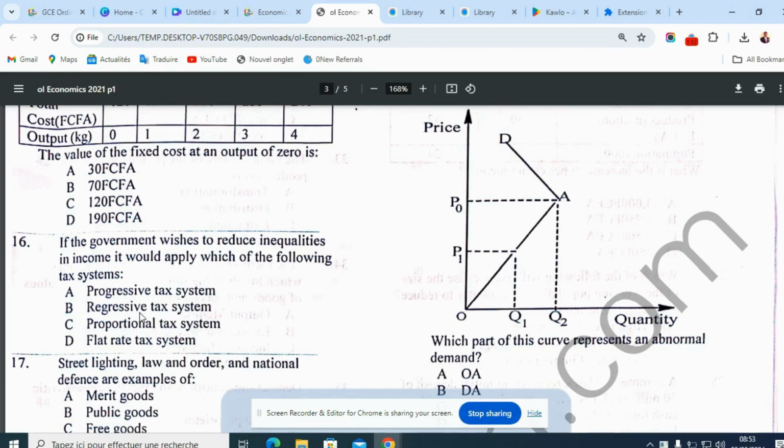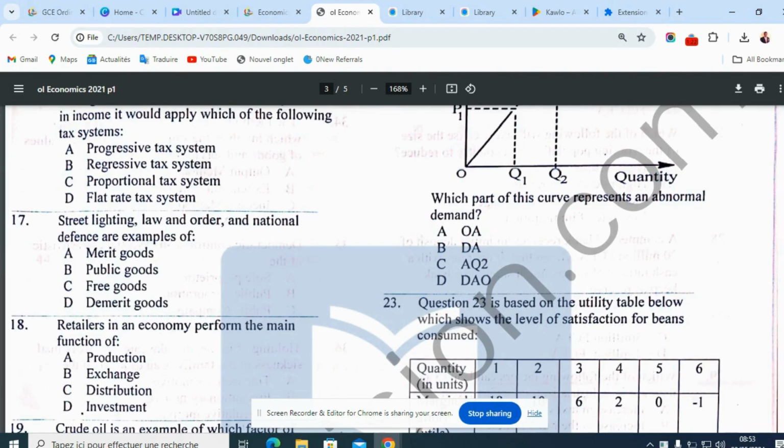Progressive tax system. 17. Street lighting, law and order, and national defense are examples of A, merit goods, B, public goods, C, free goods, D, demerit goods.